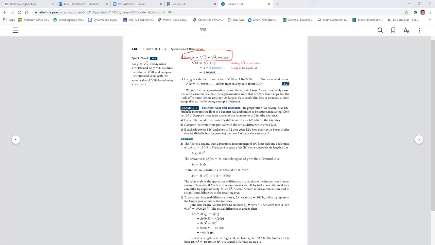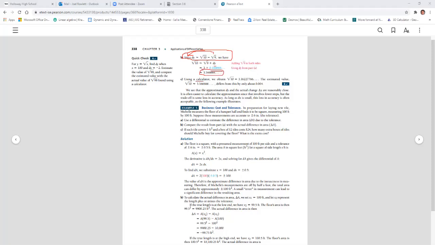And the square root of 10 is approximately equal to the square root of 9 plus dy. Now, how did we get that? Well, we just got the square root of 10 by itself on the right side. We added the square root of 9, which is 3, to both sides. So the square root of 10 is approximately equal to the square root of 9 plus dy. And we figured out that dy is 1/6. And if we add those together, we can see that the square root of 10 is approximately 3.16 repeating.